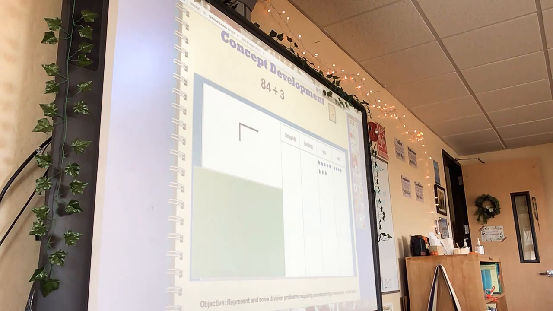So 2 tens. What's 2 tens? 10 plus 10. So you have to have 20 dots over. Yes, beautiful. That looks good. Okay, about 1 more minute. Try and finish up.